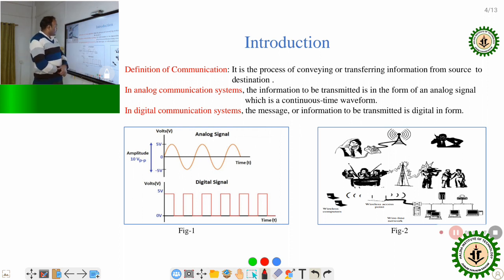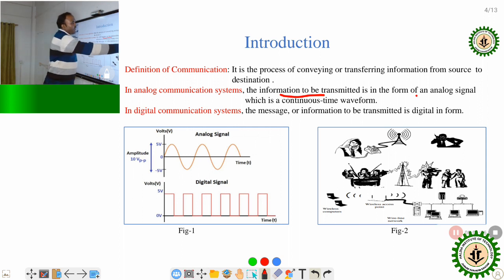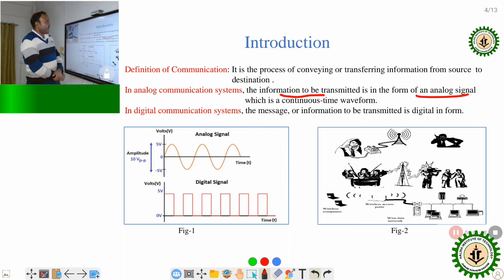If you go for the analog communication system, the information which we want to transmit is in the form of analog signals. Analog means continuous in nature. We can see in this picture an example of an analog signal, where as time changes, the amplitude also changes continuously.